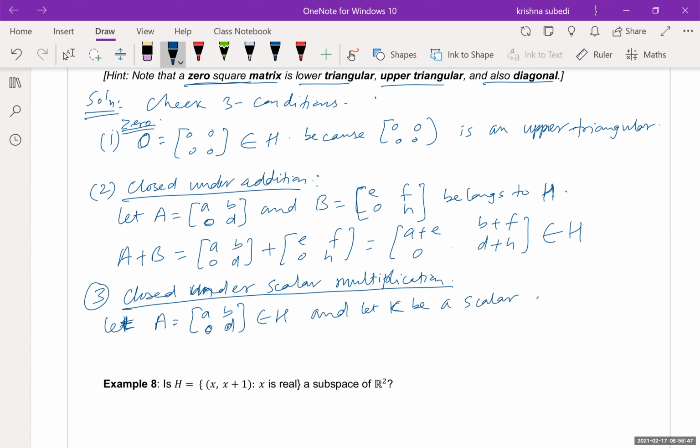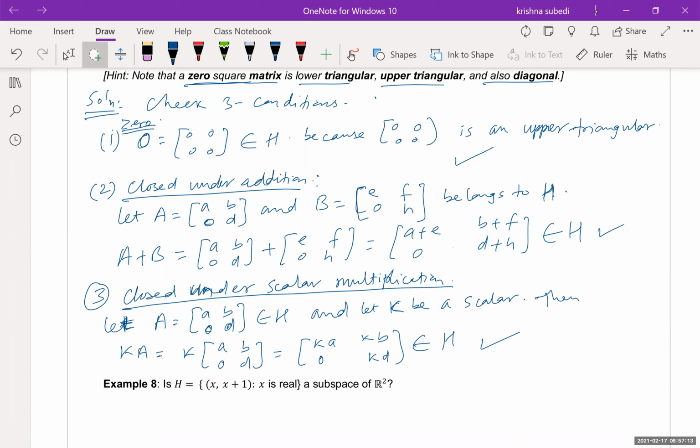Then what we can write is kA will be k[a, b; 0, d], which means [ka, kb; 0, kd], and this belongs to H because this is an upper triangular matrix. This also checks, so it checks all those 3 conditions.